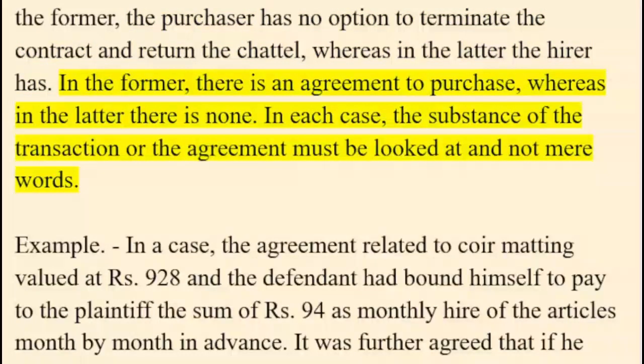In the former, there is an agreement to purchase, whereas in the latter there is none. In each case, the substance of the transaction or the agreement must be looked at and not mere words.